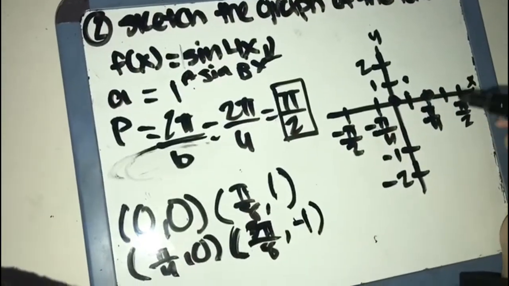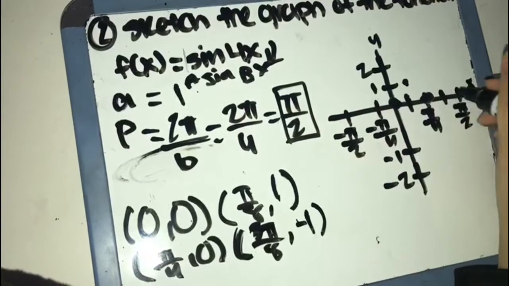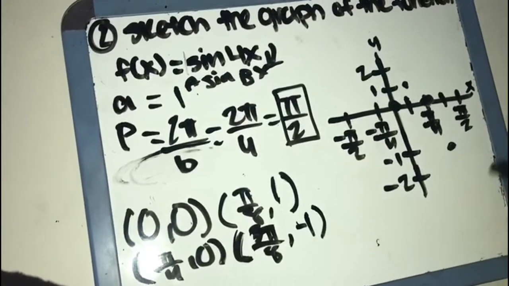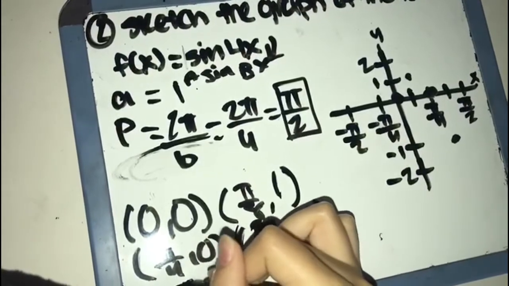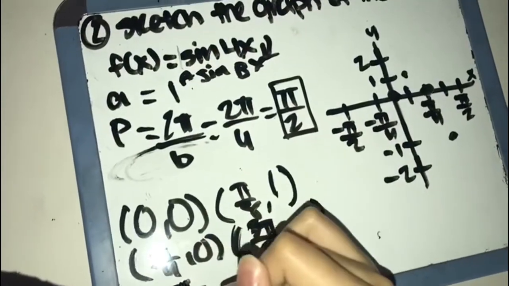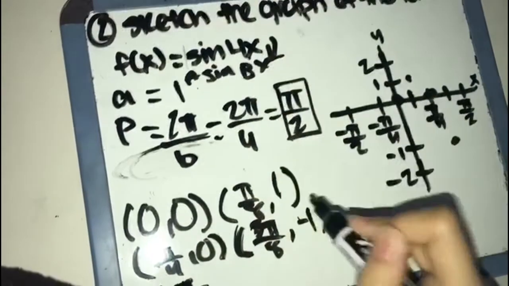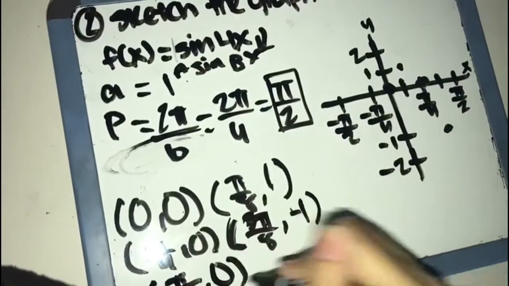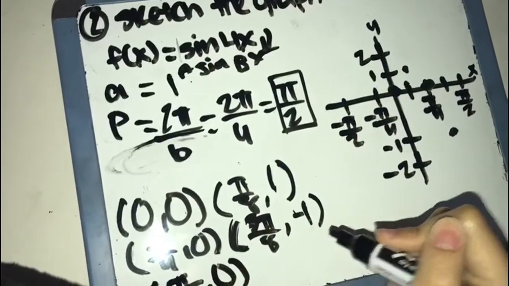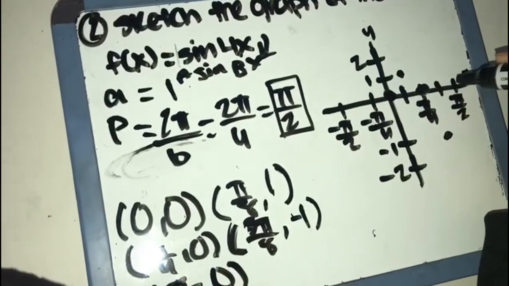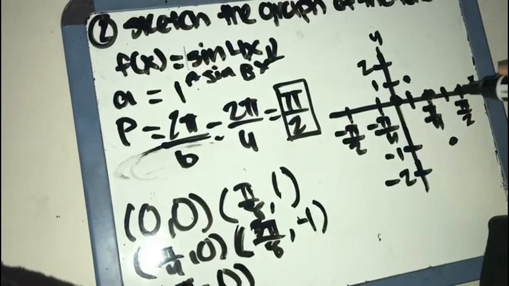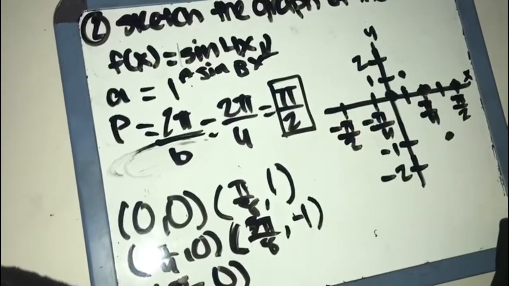So 3 pi over 8 is between these two, so it would just be right here. Now let's do pi over 2. Substituting x with that would equal 0. So pi over 2 is right here. Basically, this is how it's going to look. It's really too small to identify, but this is how it will most likely look.